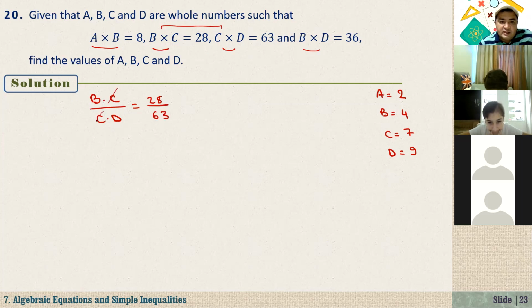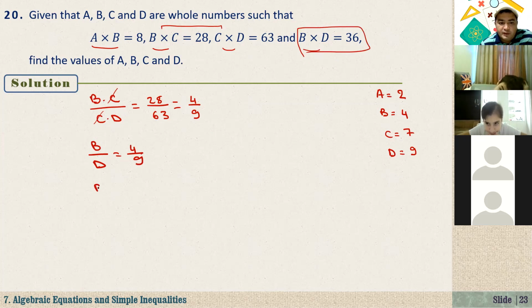The C cancels out. On the right-hand side, if you simplify by 7, it is 4 over 9. So now I have one equation, B over D is equal to 4 over 9. And also here I have another equation, B times D is equal to 36.